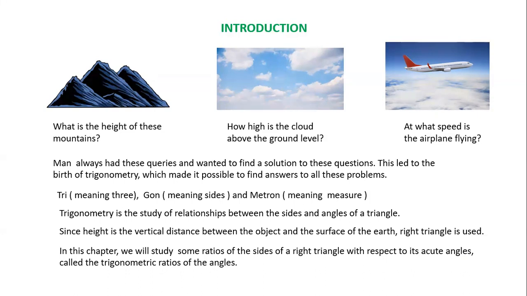Totally we have 6 ratios and the whole trigonometry rests on these 6 ratios. So if these basic concepts are very clear, you are through trigonometry. So it's not very difficult thing, only a few ratios you have to remember, and I will tell you how to remember it and what are the values you have to calculate everything.